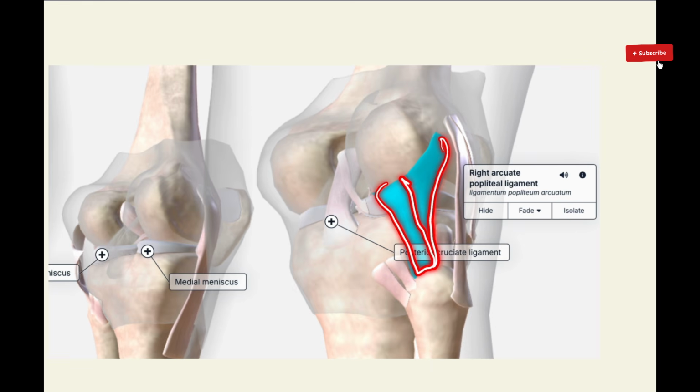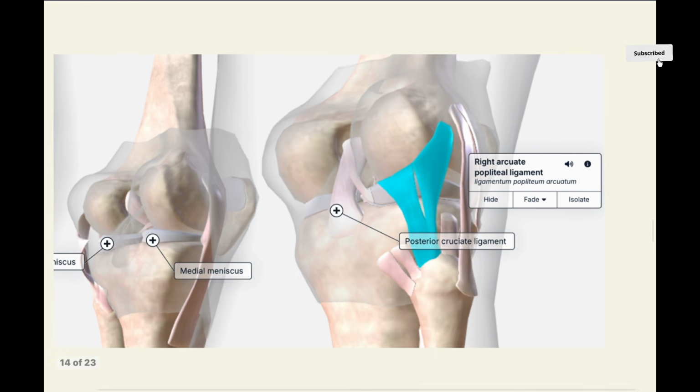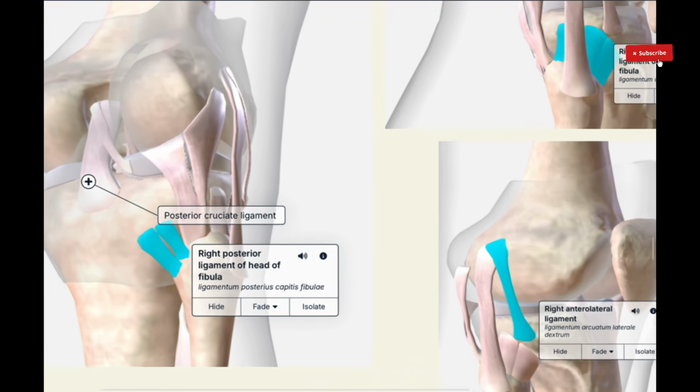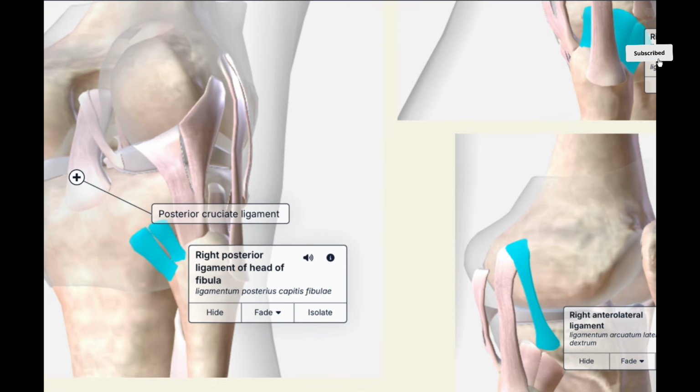So this is your popliteal ligament. Just below the popliteal ligament we have the posterior ligament of the head of the fibula. This one is the posterior ligament of the head of the fibula.